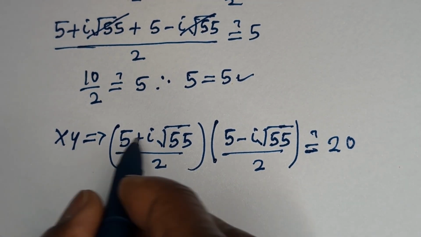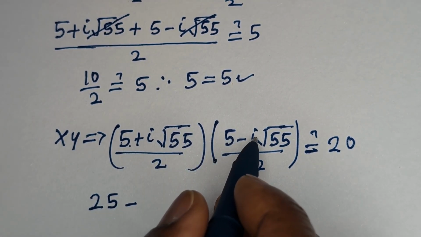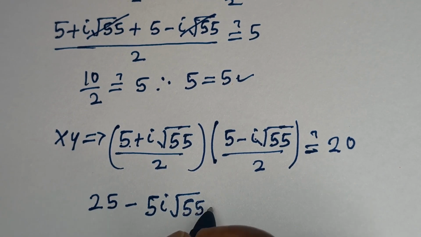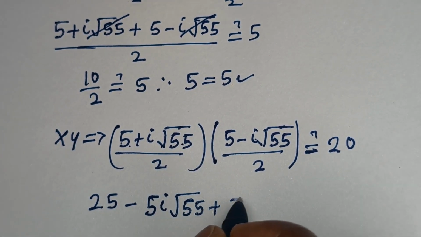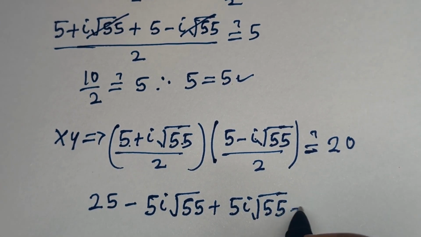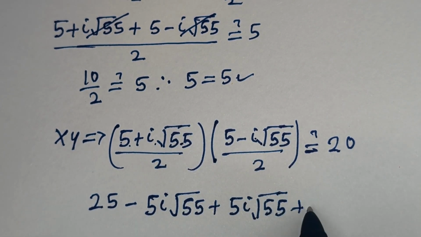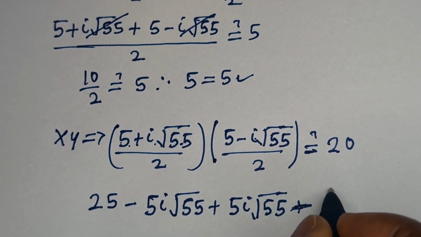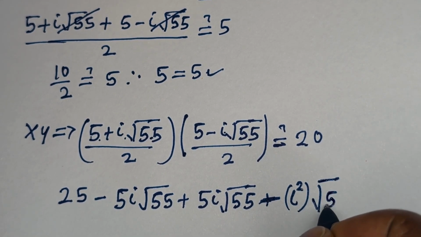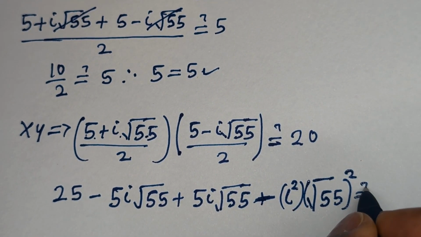Let's open this bracket. 5 times 5, this is 25, minus 5 times i root 55, this is 5i square root of 55, plus i root 55 times 5, this is 5i square root of 55, plus i root 55 times minus i root 55, this will be minus i squared, then square root of 55 squared.